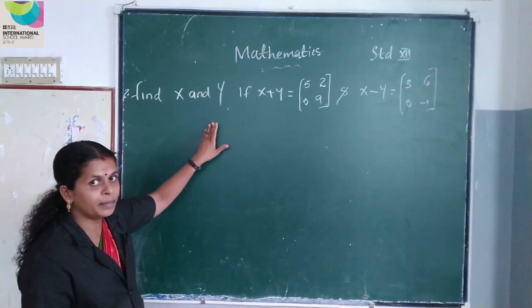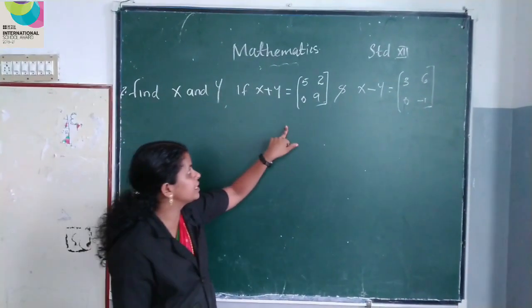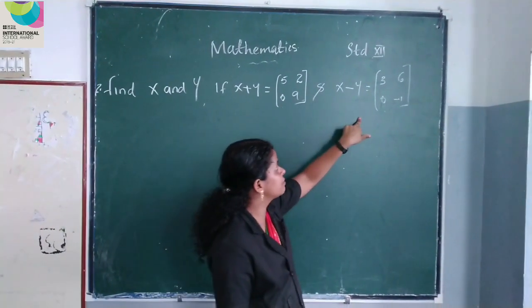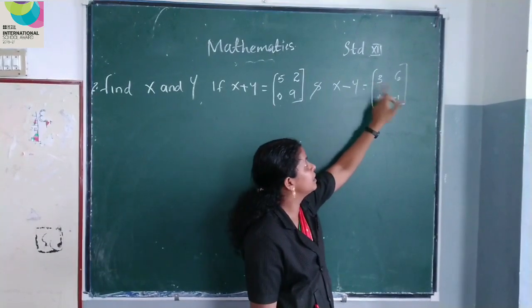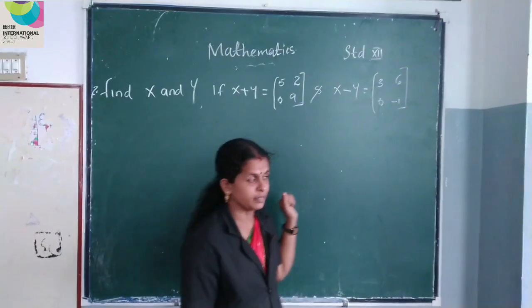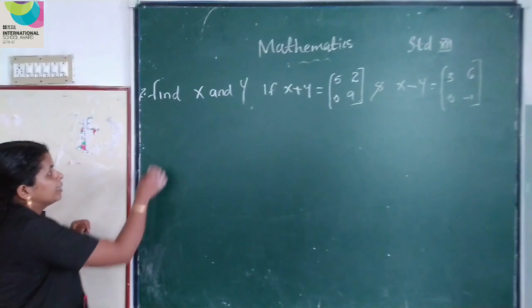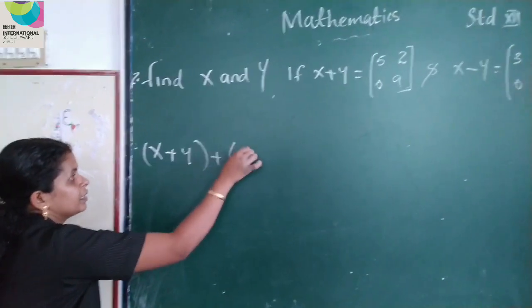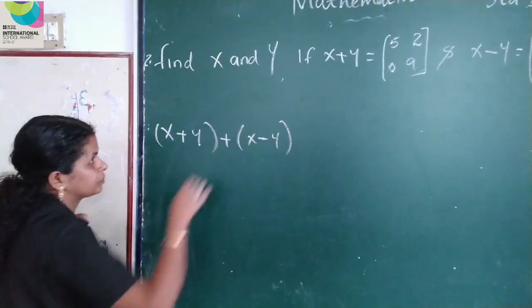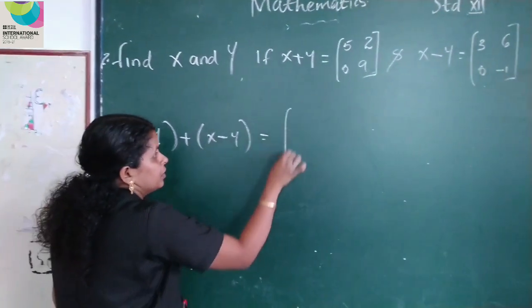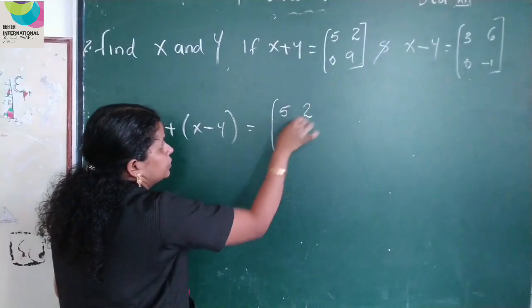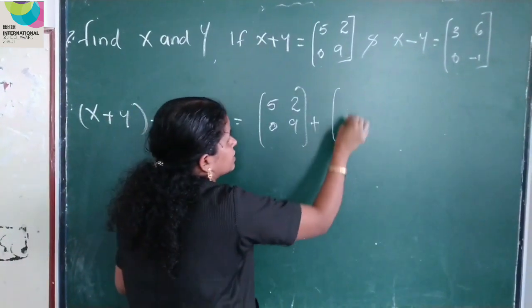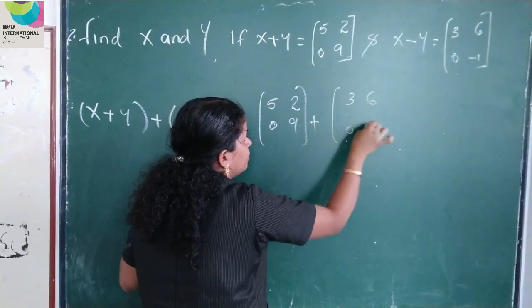Find X and Y if X plus Y is equal to matrix [5, 2; 0, 9] and X minus Y is equal to matrix [3, 6; 0, minus 1]. We have (X plus Y) plus (X minus Y), which is equal to matrix [5, 2; 0, 9] plus matrix [3, 6; 0, minus 1].